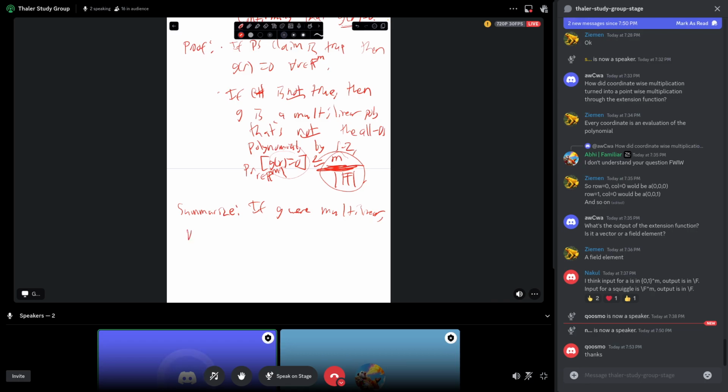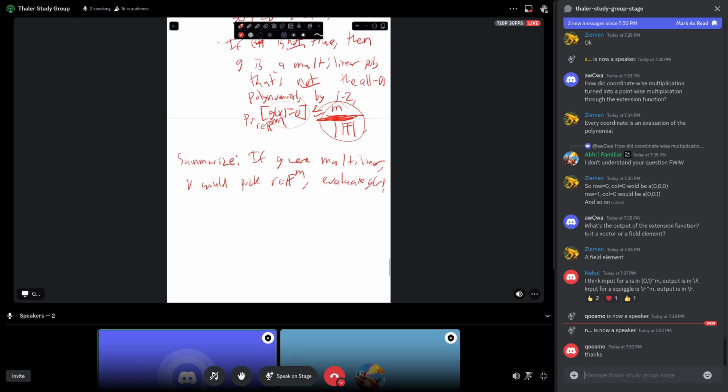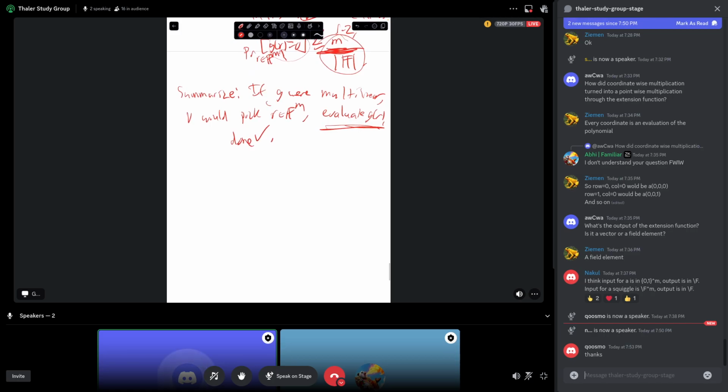V would just pick r in the field and evaluate g of r, and there would be no sum check. We would just be done. We reduced confirming that g vanishes over the whole hypercube, which is the prover's claim, to evaluating g at a random point. That's it. We'd be done. The problem is g is not multilinear.